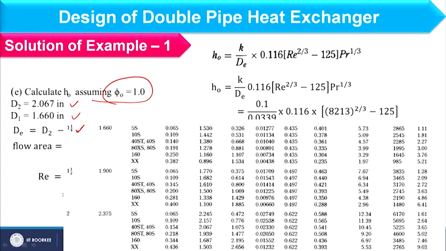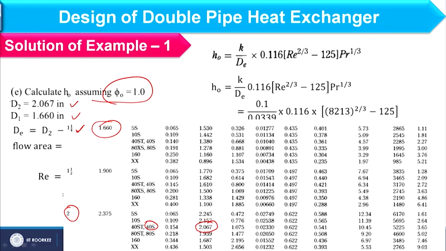So, inner pipe nominal diameter is 1.25 and this is the outer diameter of 1.25 nominal diameter pipe, right. And for 2 inches we have to consider the inner diameter corresponds to 40 schedule number. So, if you see value should come as 2.067. I hope you can understand that.